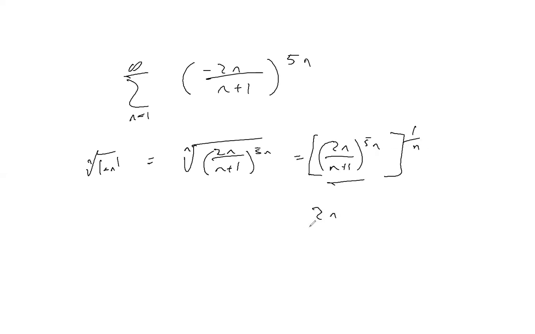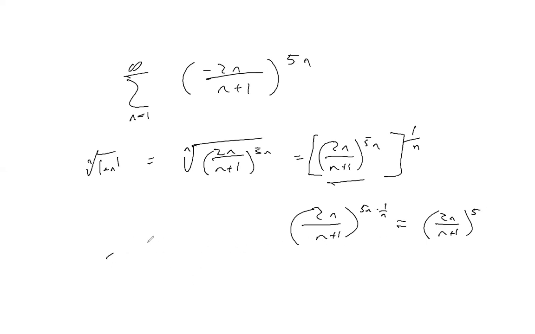So what I have is 2n over n plus 1, and I multiply 5n and 1 over n. What is 5n times 1 over n? I have the power 5.